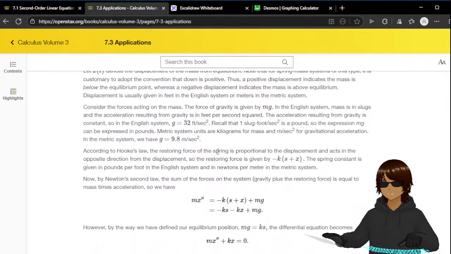According to Hooke's law, yeah, it's proportional. The restoring force of the spring is proportional to the displacement and acts in the opposite direction from the displacement. So the restoring force is given by minus k(s + x).